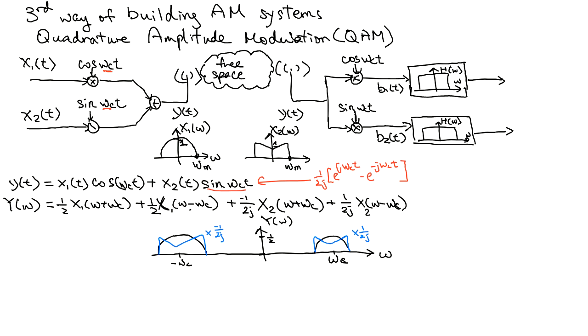This is actually okay, as we will show. So let's look at what happens at the receiver. At the receiver you have y, and then you branch into two paths. Let me talk about this path first, b1. I wanted to talk about what happens.